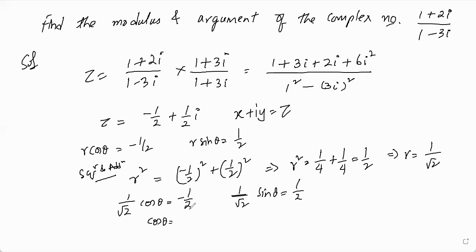After simplifying, you get cos theta as minus 1 by root 2, and sin theta as 1 by root 2.